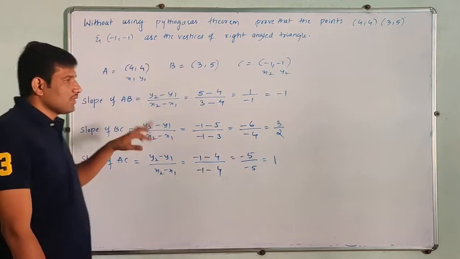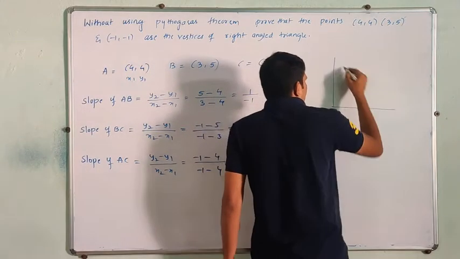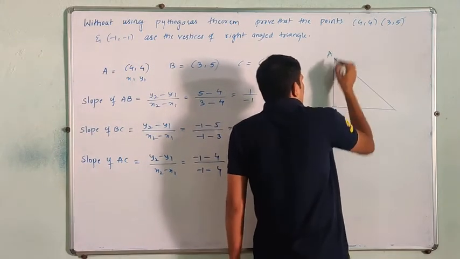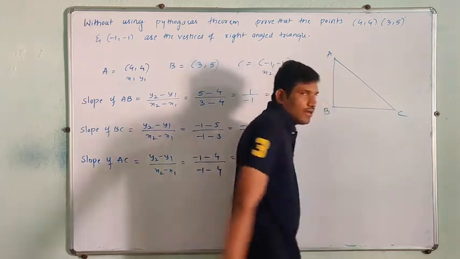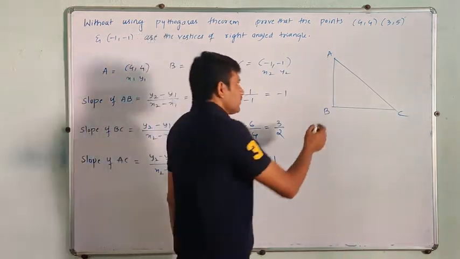You can see that I already told you, in a right angle triangle, the two lines are perpendicular. Other than the hypotenuse, the two sides are perpendicular. So that is 90 degrees.